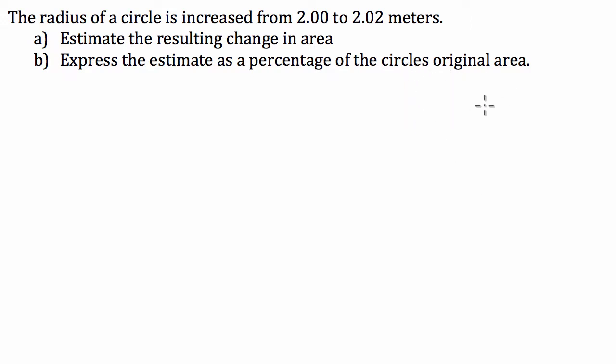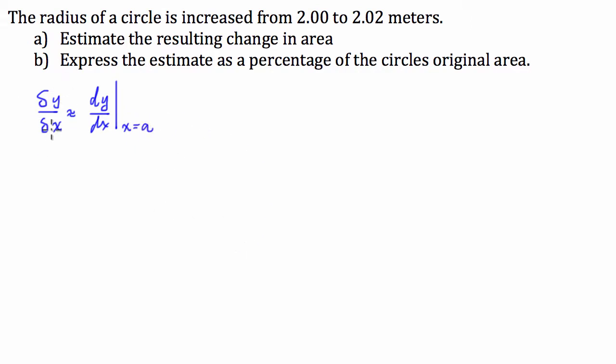circle's original area. Okay, so the approximation formula that we use for differentiation is: the incremental change of y with respect to x can be approximated, for small changes in x, to the actual derivative of y with respect to x, evaluated at some arbitrary point.